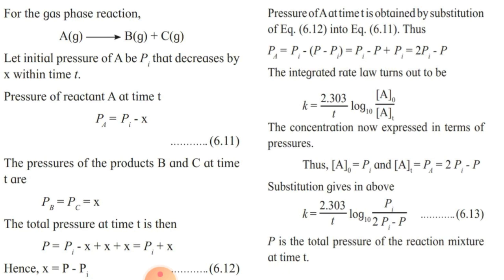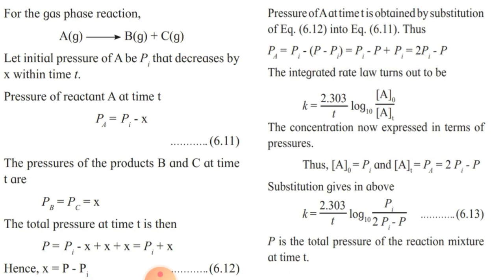So your initial concentration A naught will be equal to initial pressure, which is Pi. Fine student, A naught will be equal to Pi and At will be equal to Pa.